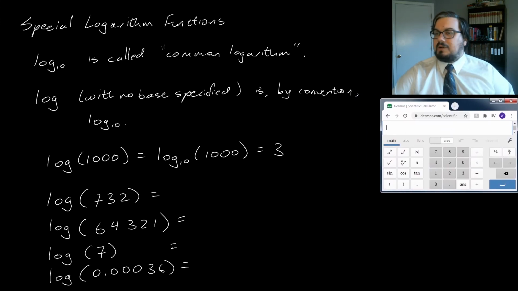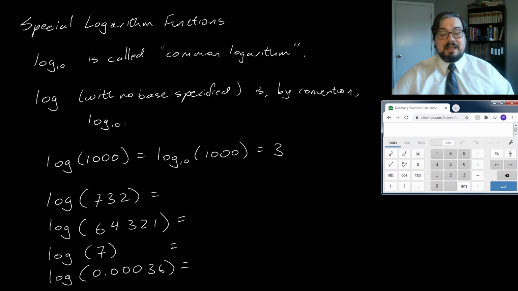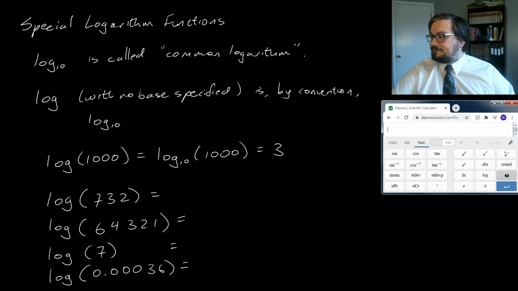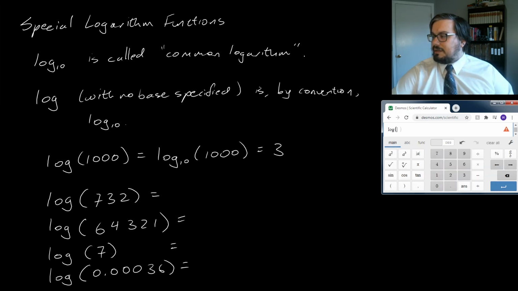All right, so pulling on my calculator. This is the same calculator I used before from Desmos. Now, you may have to look for your function. In this case, we can see we've got logarithm right here.